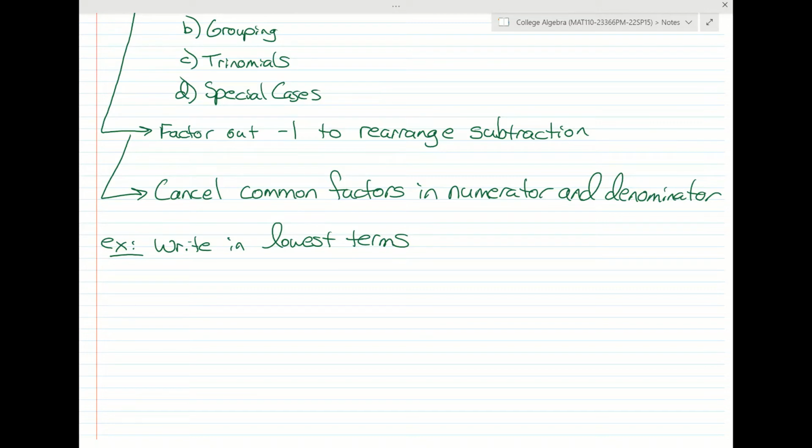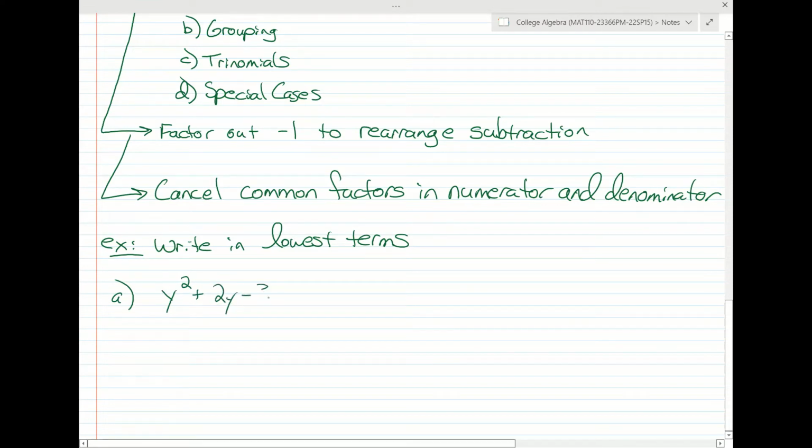So first problem looks like this. Say we had y squared plus 2y minus 3 divided by y squared minus 3y plus 2.